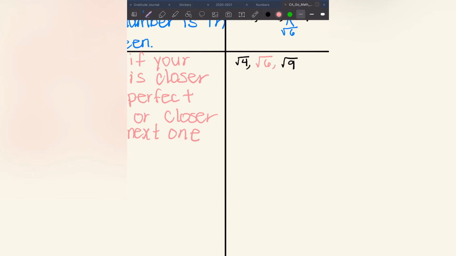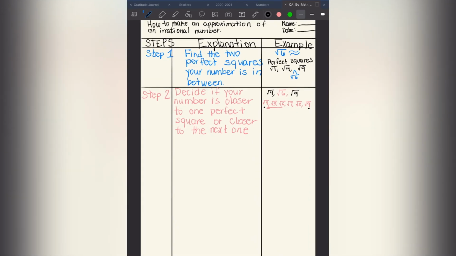The next step is to write them down in order: square root of 4, square root of 5, square root of 6, square root of 7, square root of 8, and then square root of 9. And as you can see, the square root of 6 is closer to the square root of 4. So those are our perfect squares, and we are going to use the square root of 4.